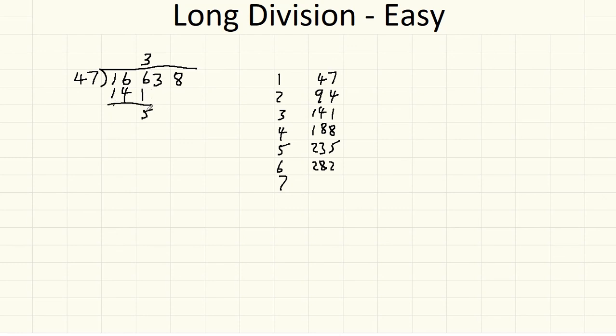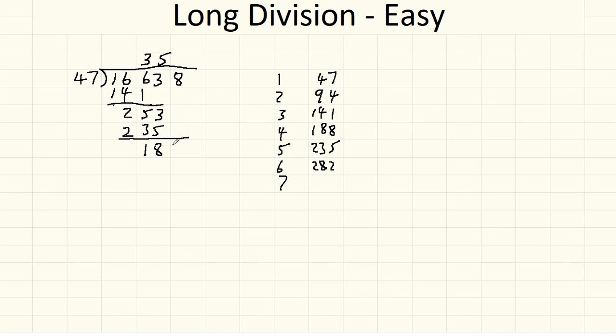Take that away, you get 5, 2, nothing. Bring down the 3. Now we've got 47s into 253, which is 5 times. 5 47s are 235. That's going to leave us with 18.